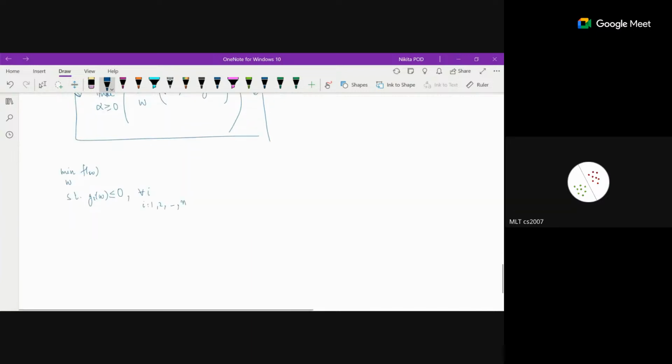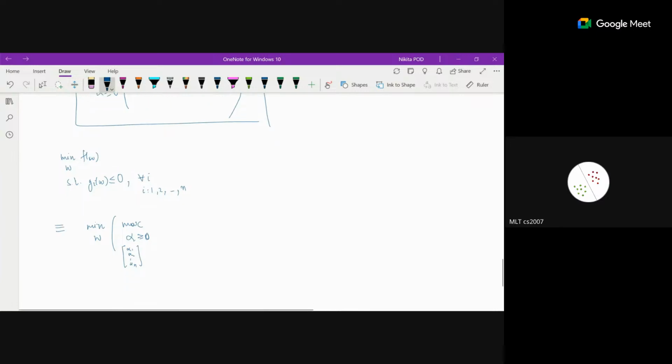If we have to write the Lagrangian function, this problem can be written as min over w, max over alpha greater than or equal to 0. If you have n constraints, where i varies from 1 to n, you again have n alphas, so alpha will be something like alpha 1, alpha 2 to alpha n.